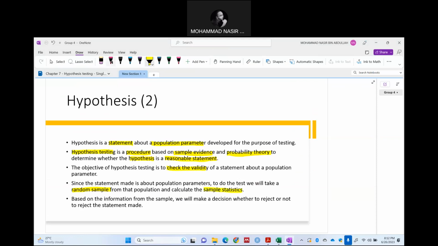We also need to determine the sample standard deviation or population variance. From the information from the sample, we will make a decision whether to reject or not to reject the statement made. This is what hypothesis testing is all about.